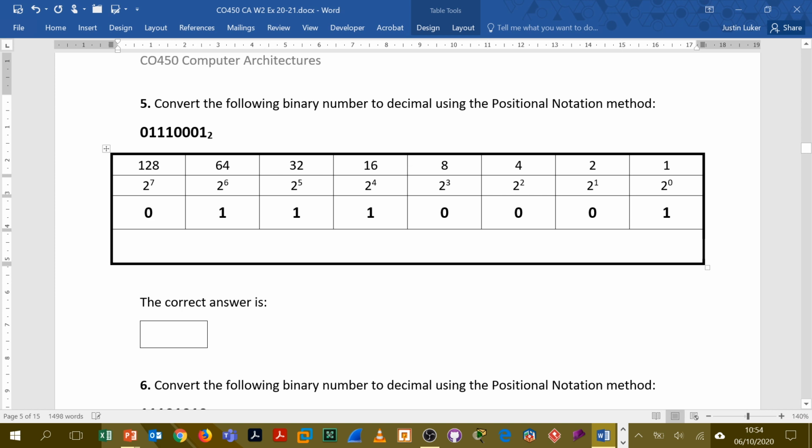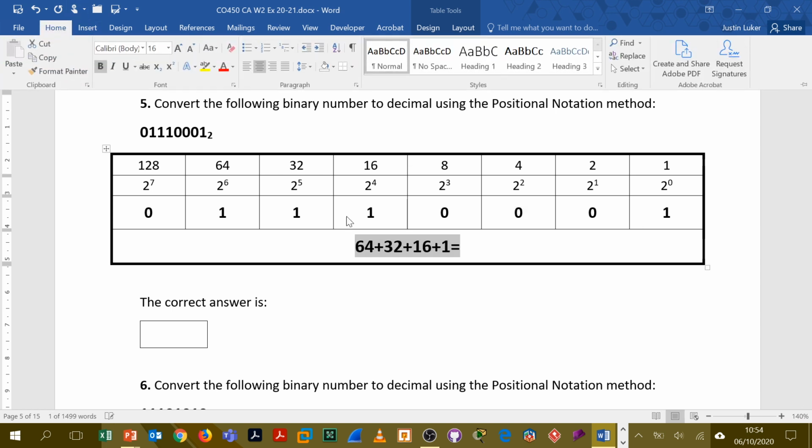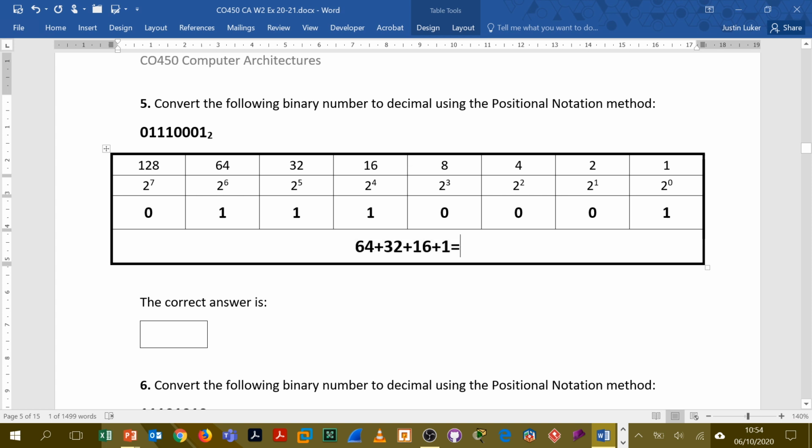So what have we got here? We've got 64 plus 32 plus 16 plus 1. It's a little bit bigger. So 64 plus 32 gives us 96.